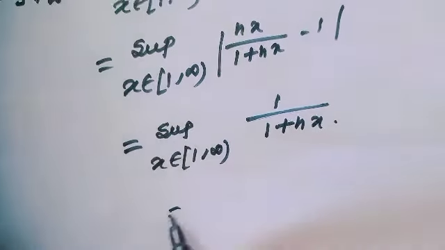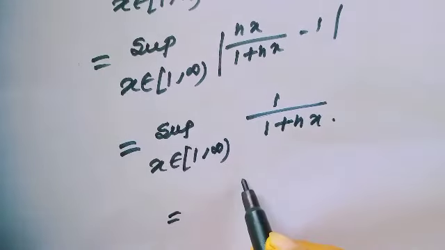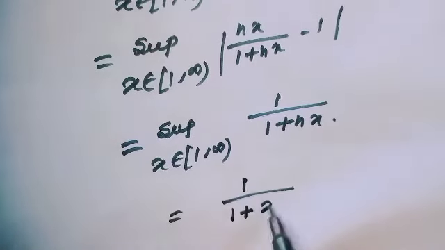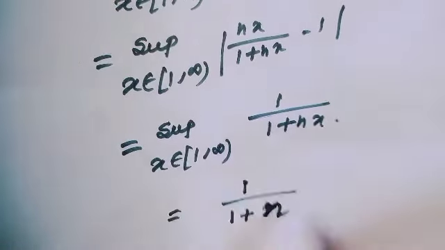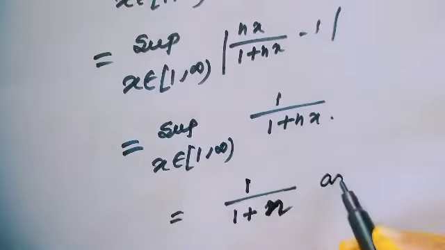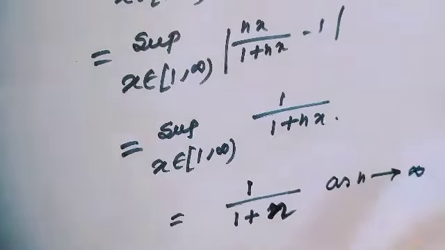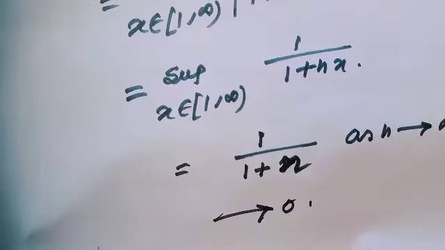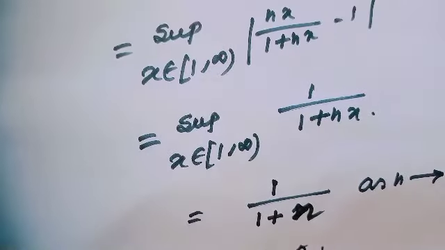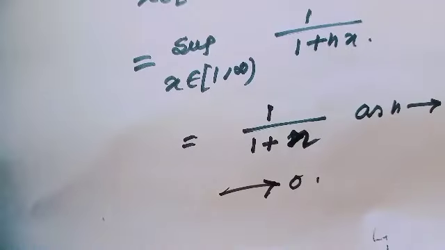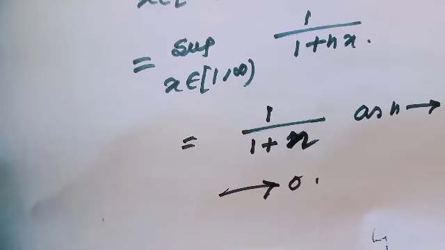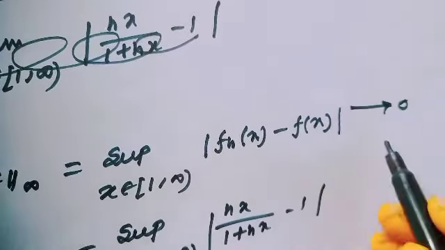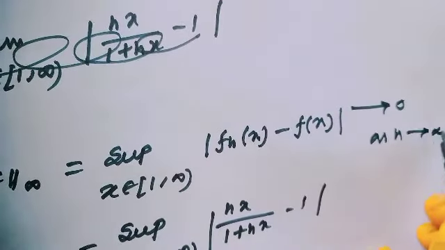That means this value would be 1 over 1 plus n. And as n tends to infinity, obviously this limit tends to 0. That means our given sequence converges uniformly because this limit tends to 0 as n tends to infinity.